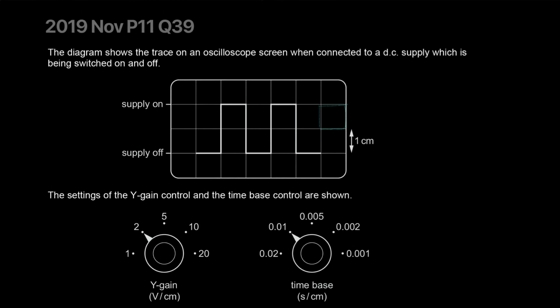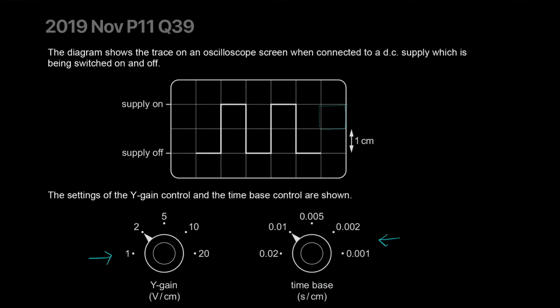That's what they're going for. They're trying to say that these are the settings for the horizontal and vertical gains, or whatever, I forgot the knob settings, Y gain and time base.